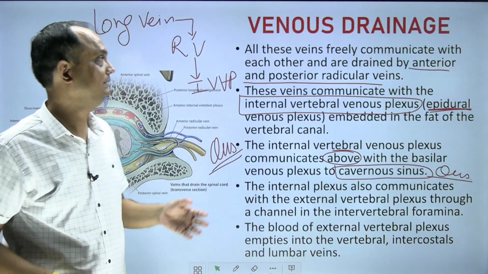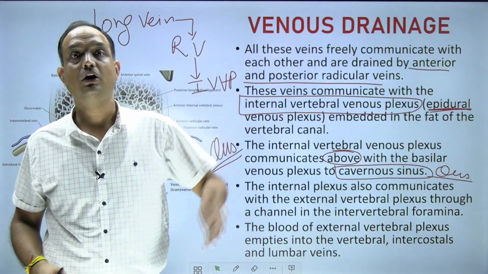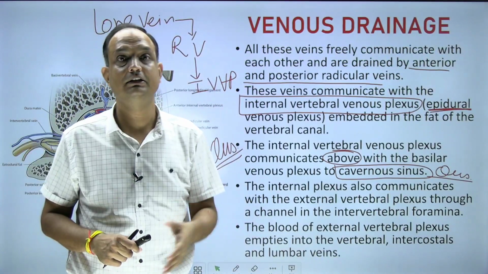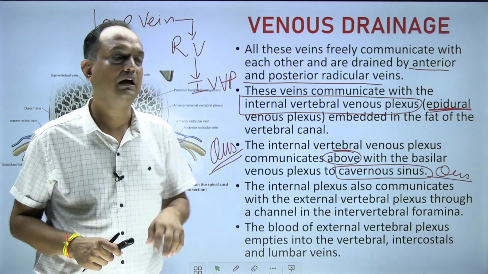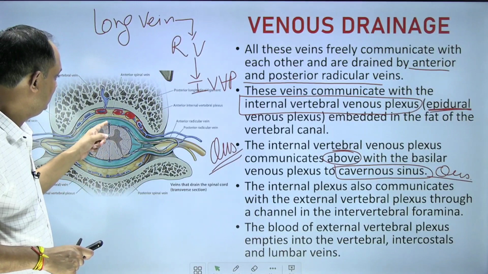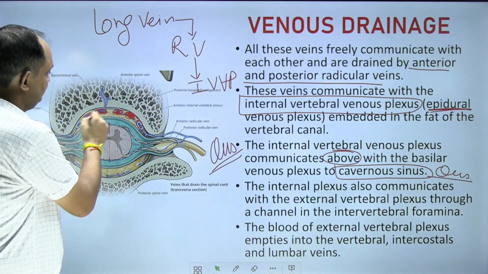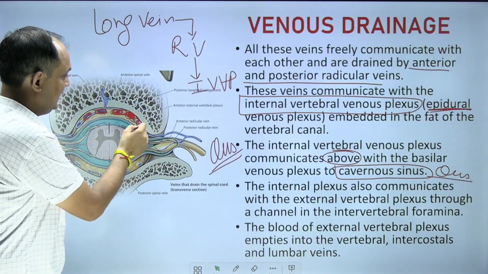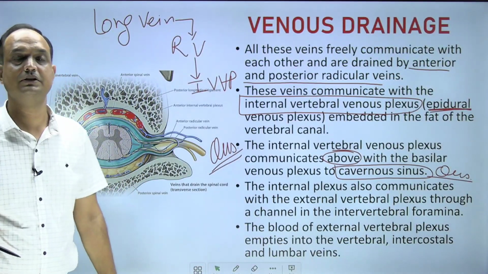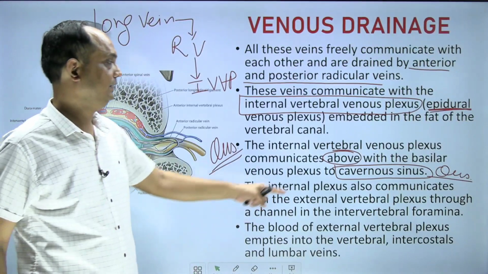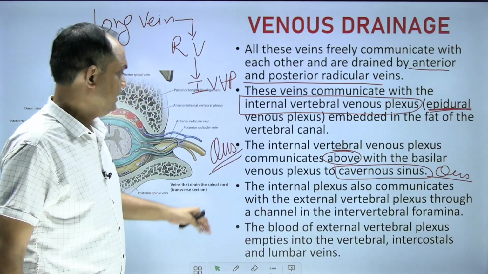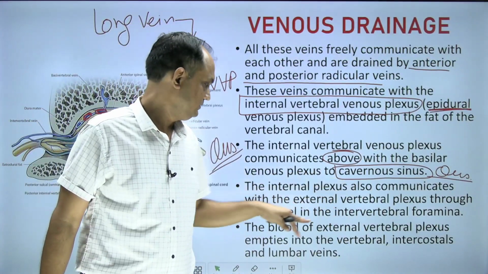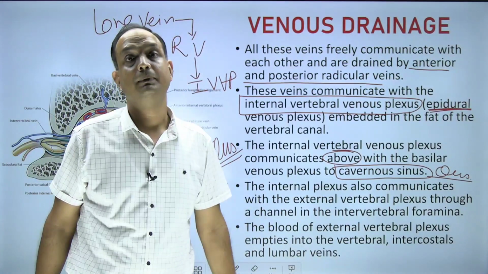So the veins draining the spinal cord are present all around the pia mater, but they ultimately connect with the veins of the extradural or epidural space by the radicular veins, and then these veins of the extradural space drain into the cavernous sinus. The internal venous plexus also communicates with the external plexus through channels in the intervertebral foramina.